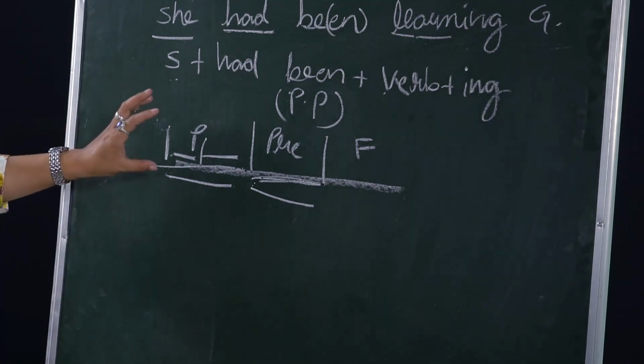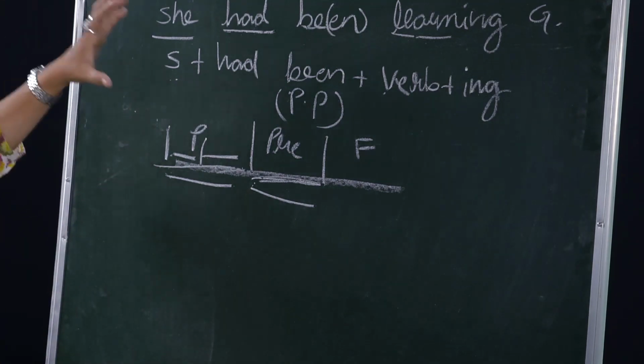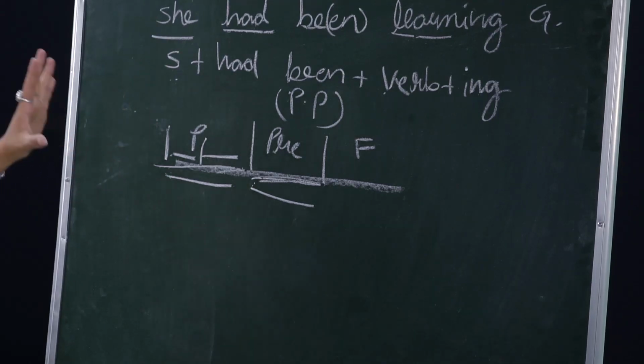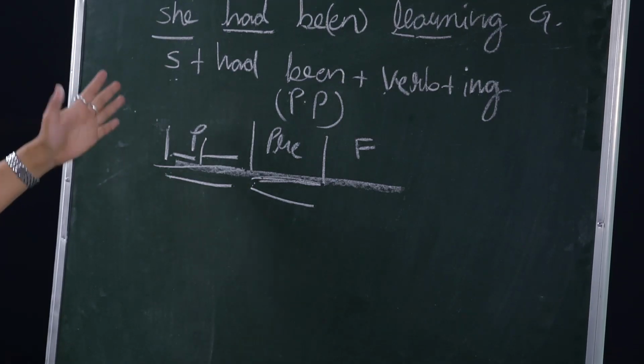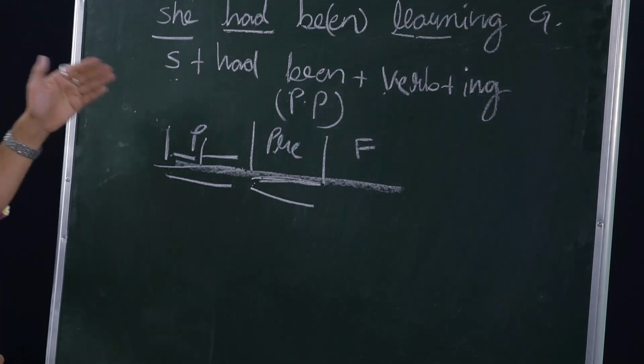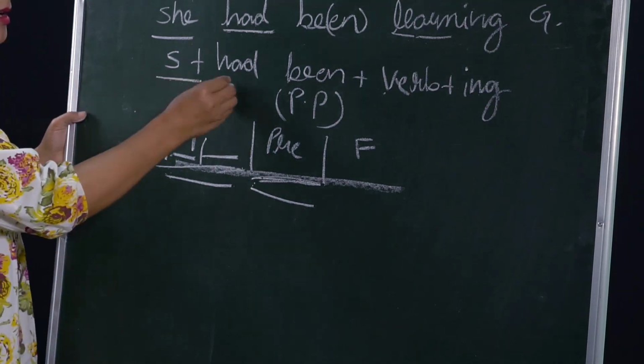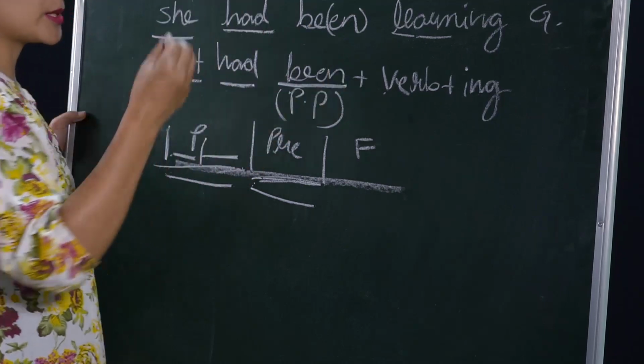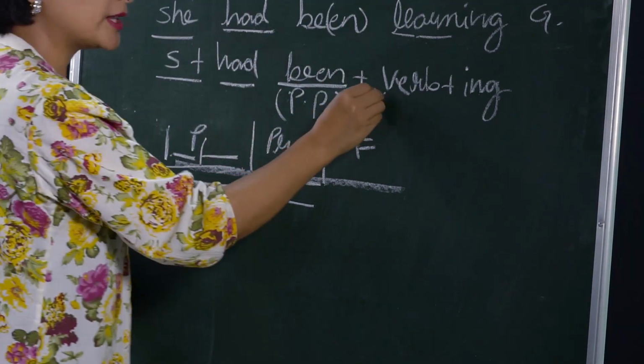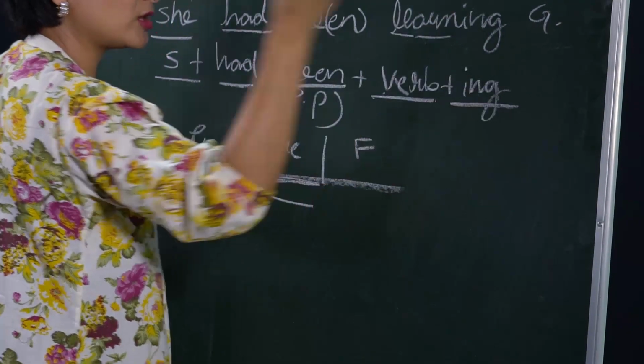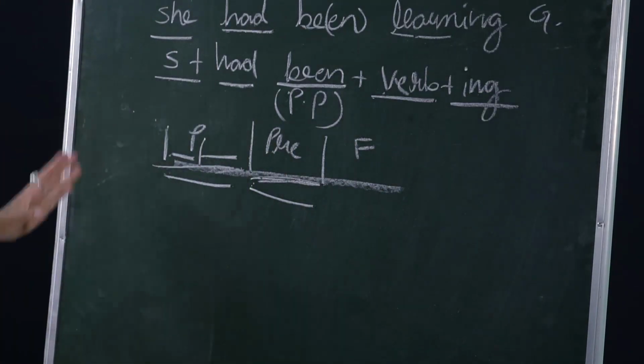So in such cases, we use past perfect continuous tense. I'm going to repeat the structure again for past perfect continuous tense. We have subject plus had plus been, that is be verb in the past participle. Then we have verb in the ing form. I hope that is clear with you.